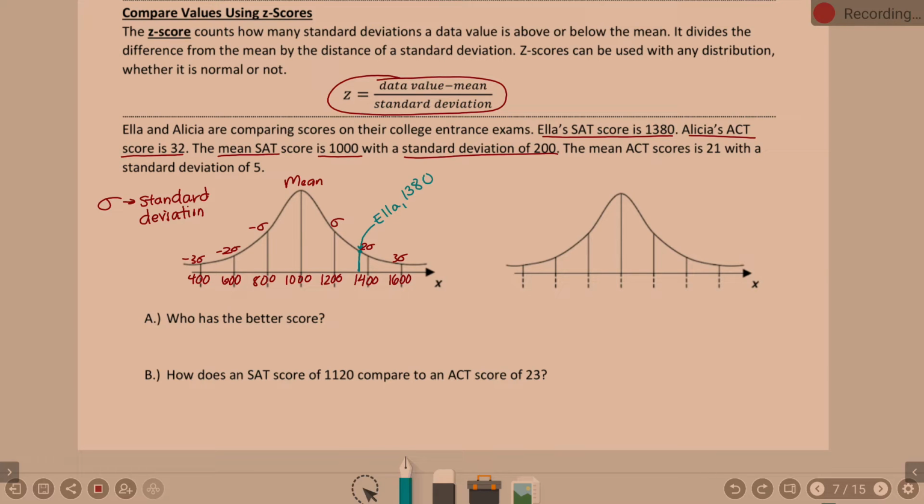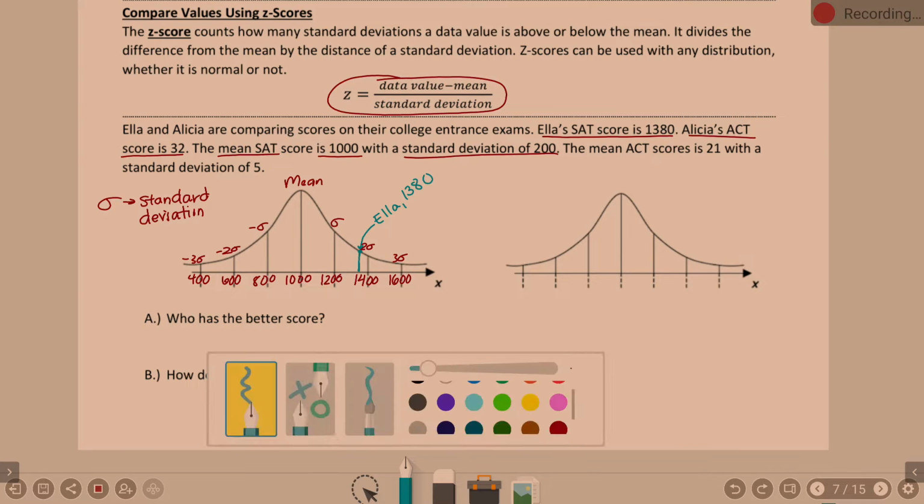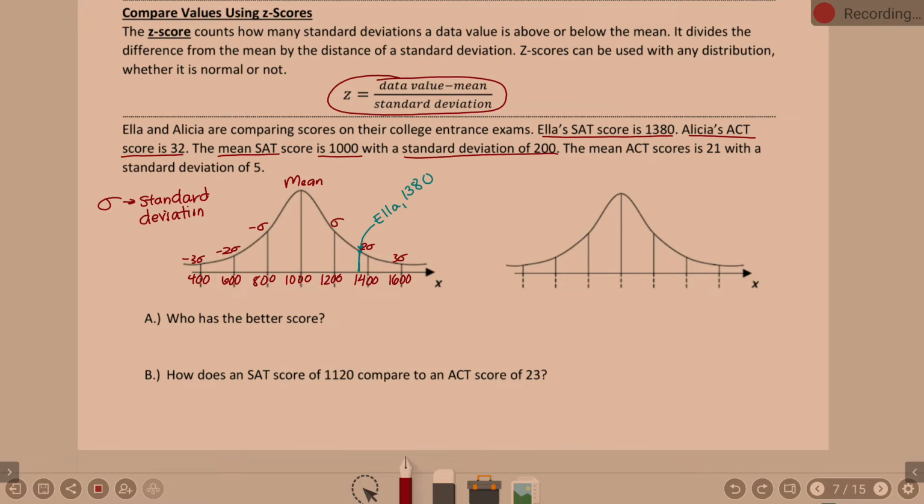Now, let's do the same thing over here for Alicia. I guess I should have labeled this, this is our SAT, so over here, this is our ACT. What is the mean? 21. And what is our standard deviation here?